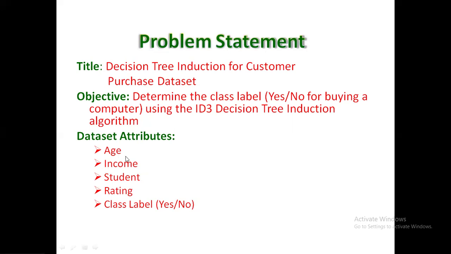And we have to construct the decision tree by using the ID3 algorithm. What do you mean by ID3? Iterative Dichotomizer 3 algorithm is a decision tree building method that uses entropy and information gain. So ID3 means Iterative Dichotomizer 3.